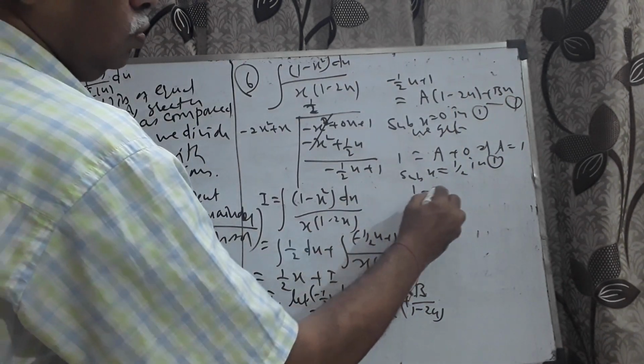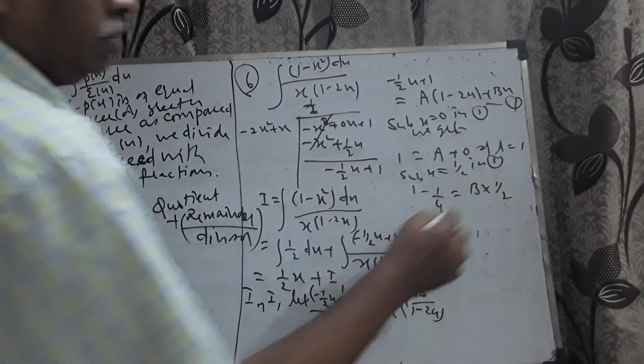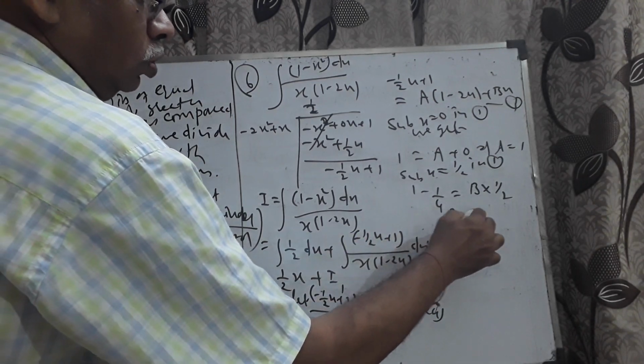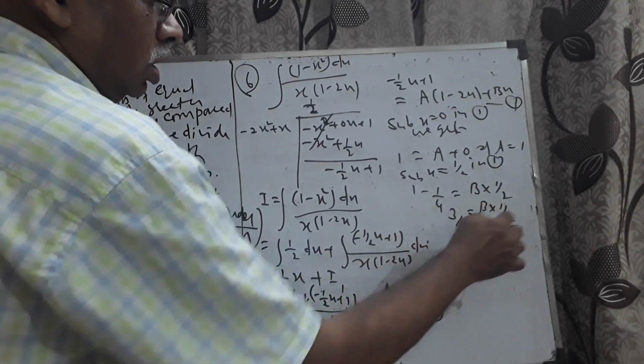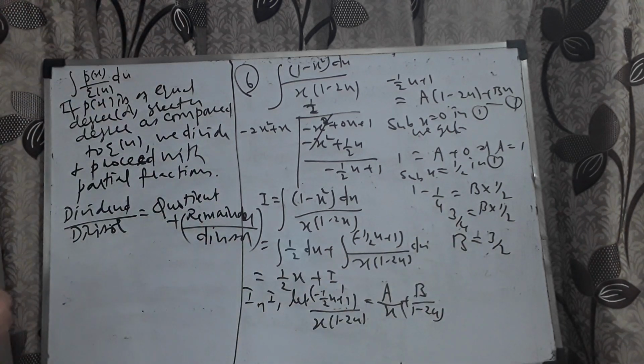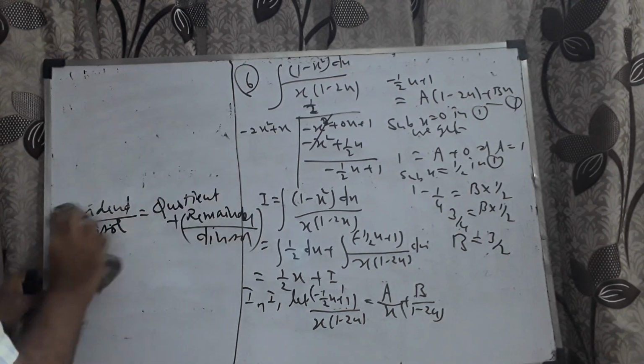I mean to say 1 minus 1 by 4 is equal to b into half. X is half. Therefore 3 by 4 is equal to b into half. Therefore b happens to be 3 by 2. Let me just rub this part and proceed. I need the space to continue anyway.